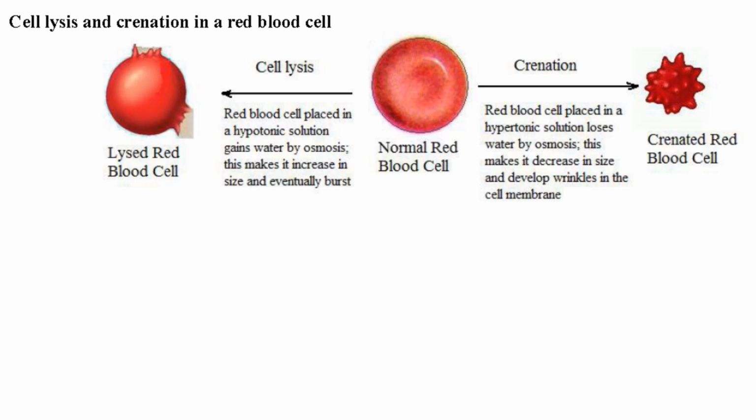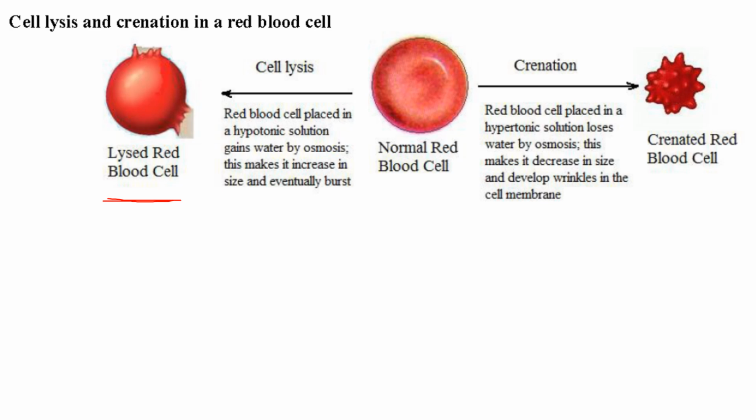So this is basically what is happening. We have the red blood cell placed in these different solutions. In the hypotonic one, it bursts because the animal cell has no cell wall, so it will change in size and shape.